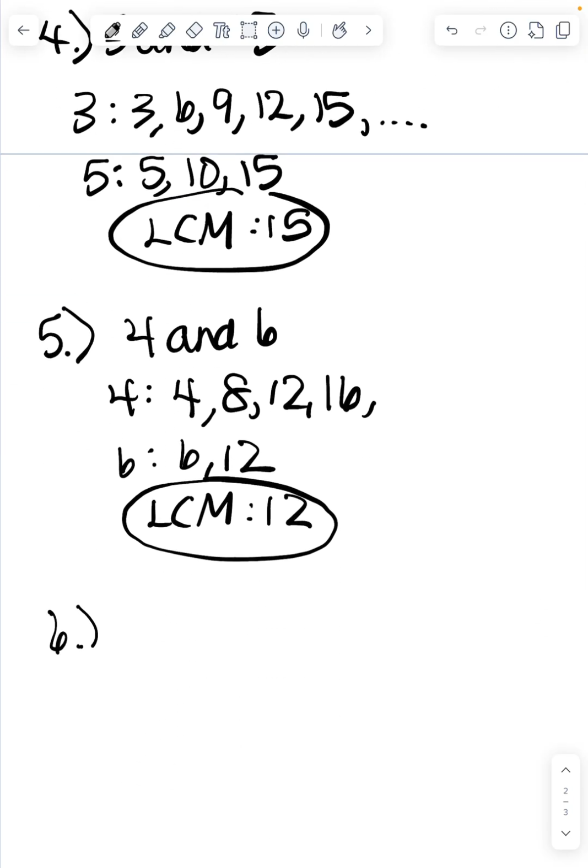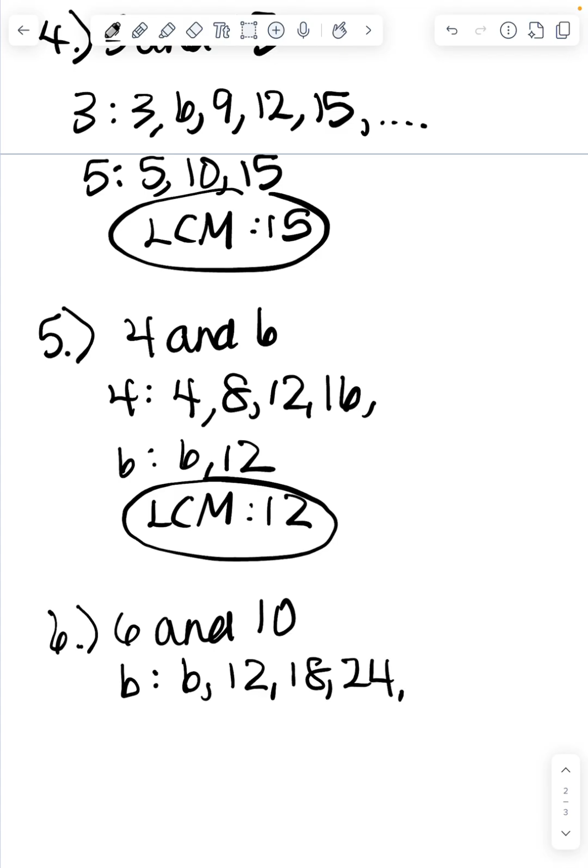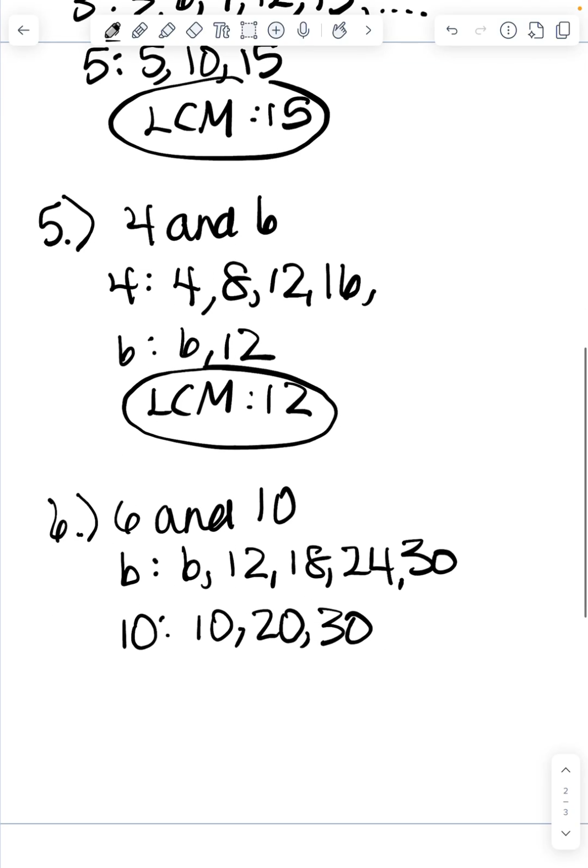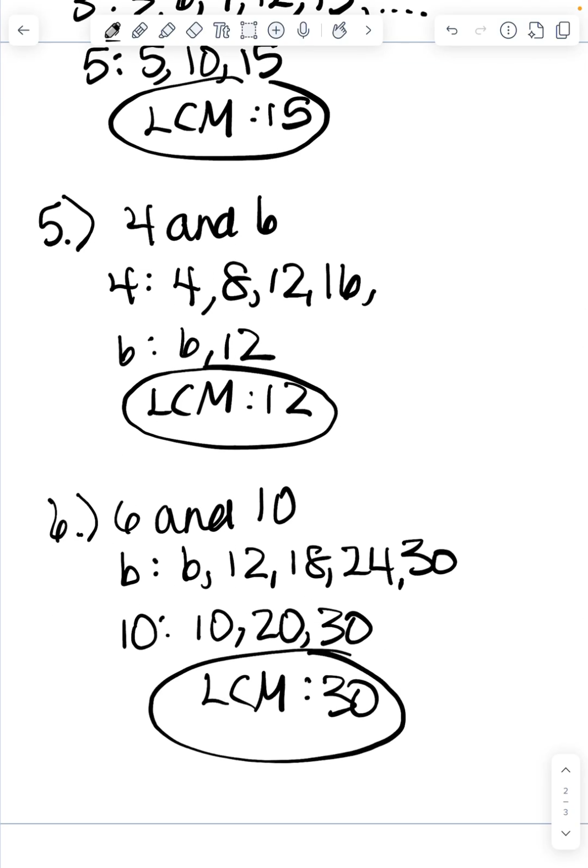Number 6, 6 and 10. Multiples of 6: 6, 12, 18, 24, 30. I'm going to stop there because I already know that the multiples of 10 are going to end up getting me to 30. And that's my least common multiple.